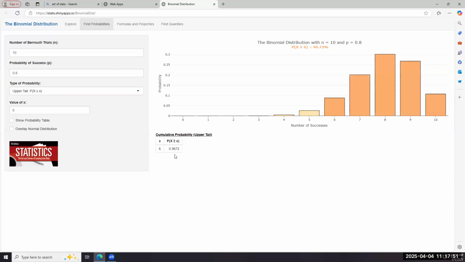Greater than 6, you get almost 97%. So the chance that more than 6 homes would have internet access would be 96.72%.